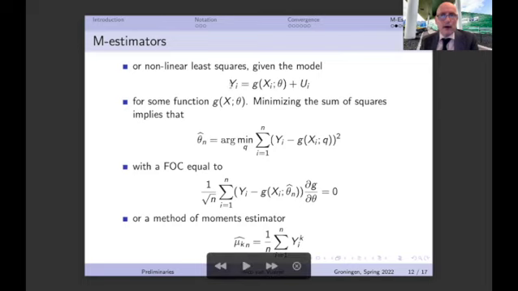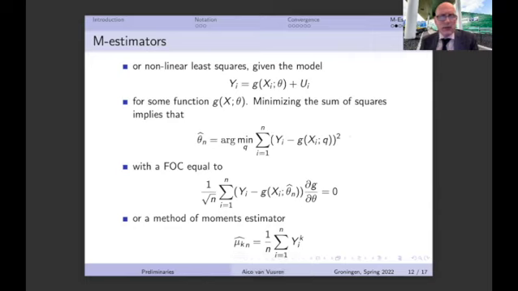Here we have yi equal to g(xi, theta) plus ui, and what we would like to estimate over here is this parameter theta. Well, we already know that in nonlinear least squares we are going to do that as follows. We are going to minimize the sum of squared residuals, this thing that we have over here. We pick this theta, which we call theta hat n, in such a way that this is minimized.